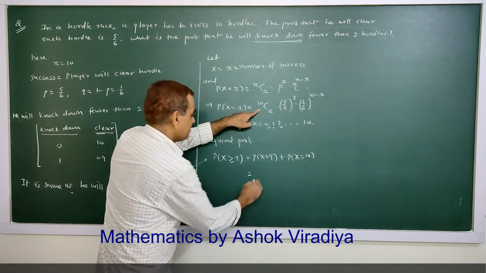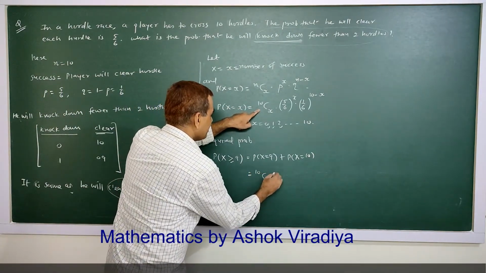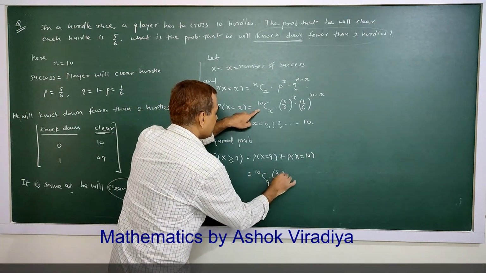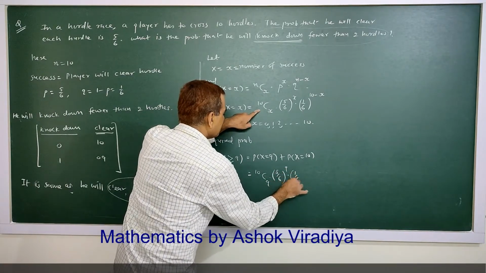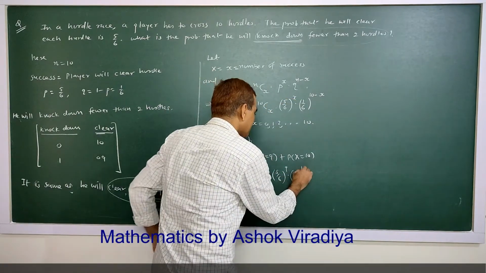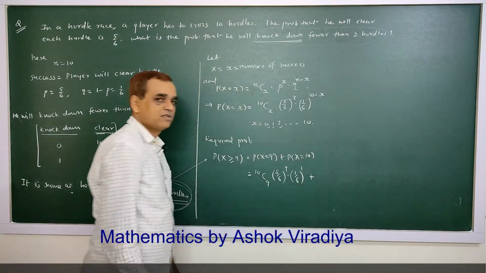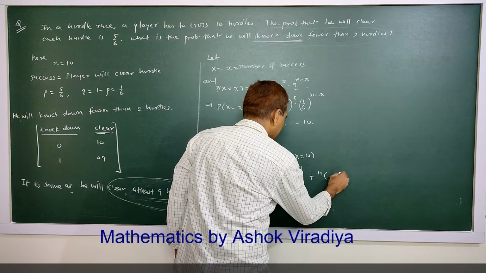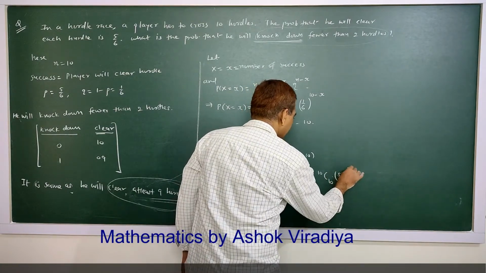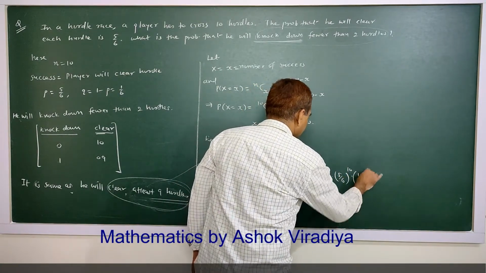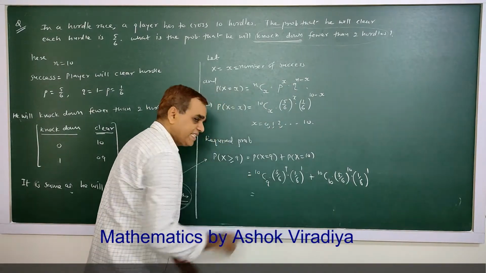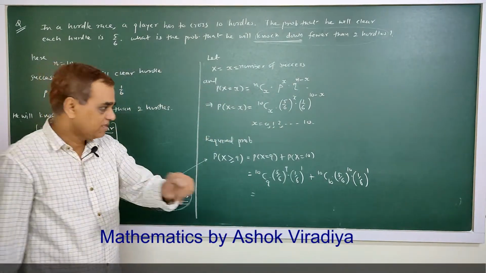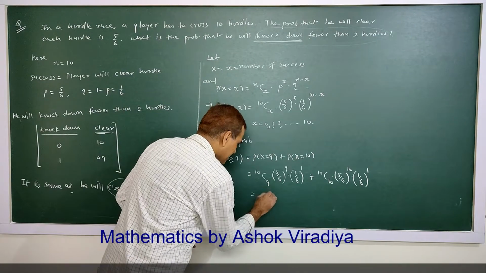Putting here 9, so 10C9, 5 by 6 raised to 9, 1 by 6 raised to 10 minus 9 is 1, plus, now putting 10, so 10C10, 5 by 6 raised to 10, 1 by 6 raised to 0. Now 10C9 is 10C1 and 10C1 is 10.